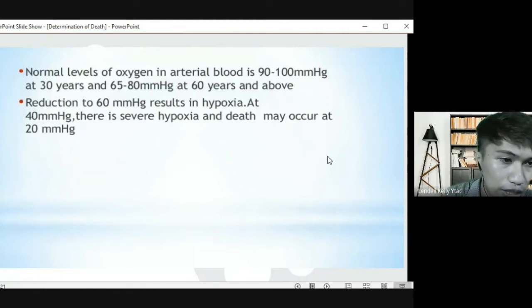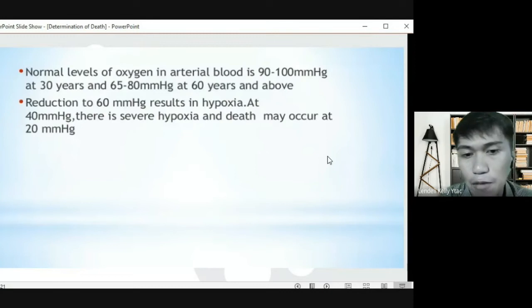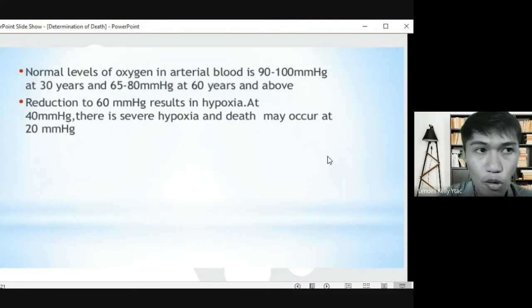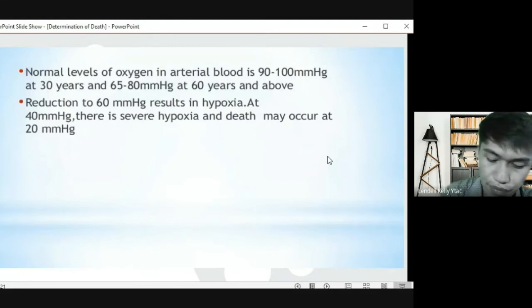Now, at 40 millimeter mercury, there is severe hypoxia, and death may occur at 20 millimeter mercury. That occurs because one of the fundamental molecules that we need for metabolism is oxygen. So without oxygen, we could not survive.